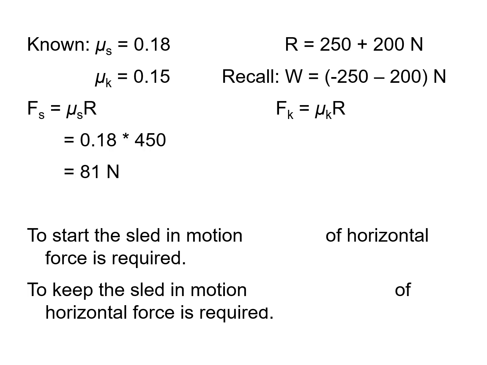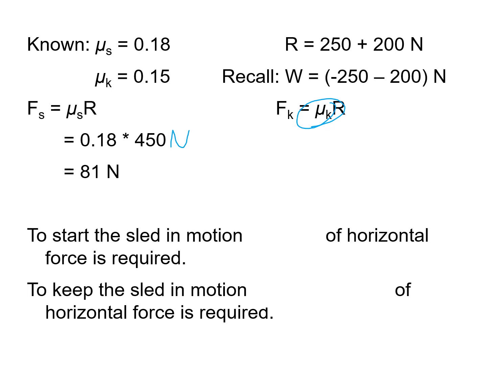So if we have a coefficient of friction of 0.18, multiply that by 450 newtons. Because this is unitless, to start the sled, we need a horizontal force of 81 newtons. Now to keep the sled moving, we start with the same equation, but we're using the kinetic friction coefficient.